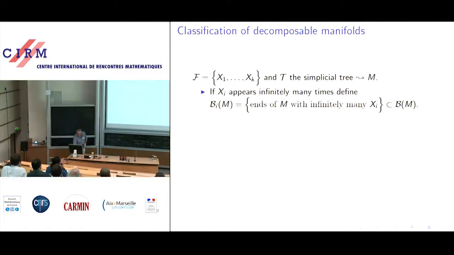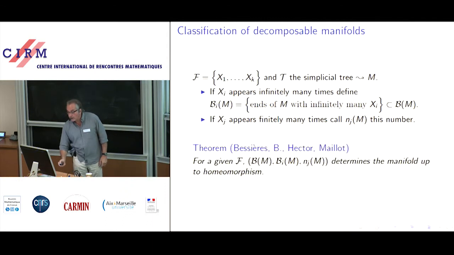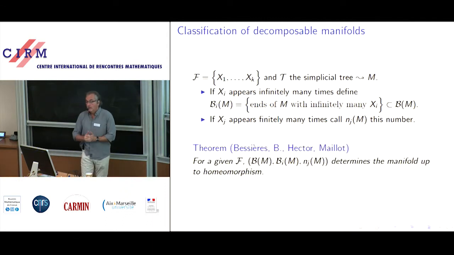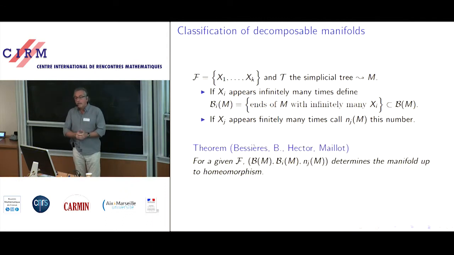And now you may have some of the xj which appear only finitely many times. If this is the case, just count the number of times they appear. And the result is, for a given fixed family F, the collection of these Bi(M) and the numbers nj determines the manifold up to homeomorphism.